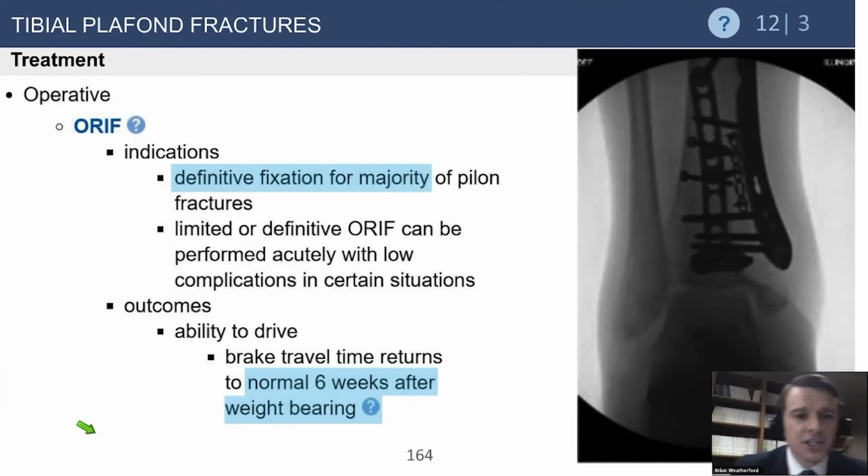So the indications for open reduction and internal fixation: it's the definitive treatment for the majority of tibial pilon or tibial plafond fractures. So okay, I'm going to read this line here. Limited or definitive ORIF can be performed acutely with low complications in certain situations. That's based on a study out of Canada, actually, that looked at immediate internal fixation of these injuries.